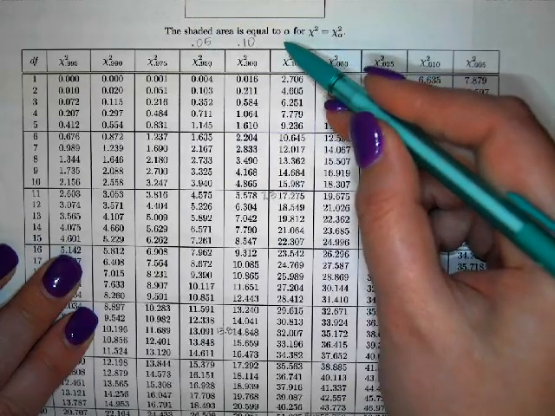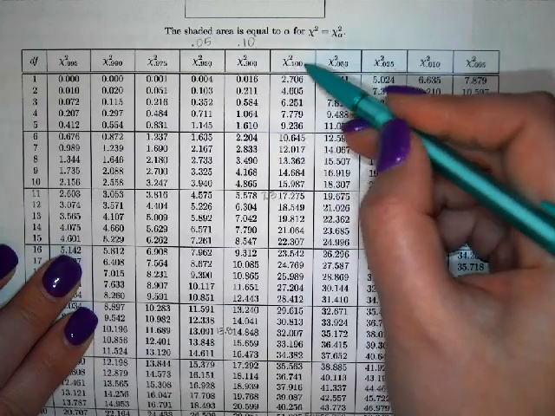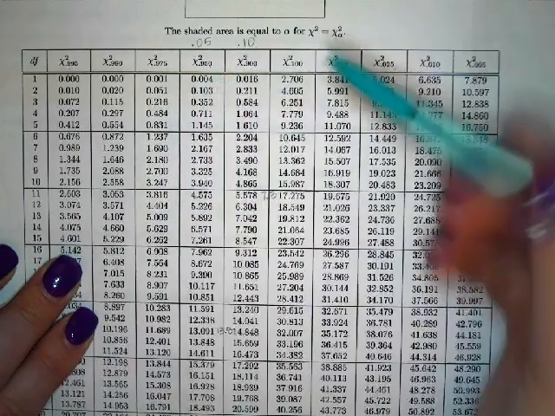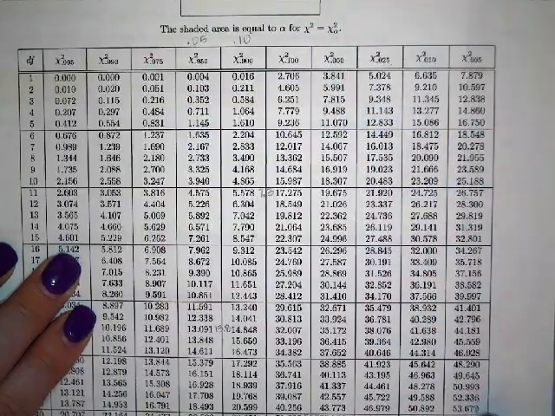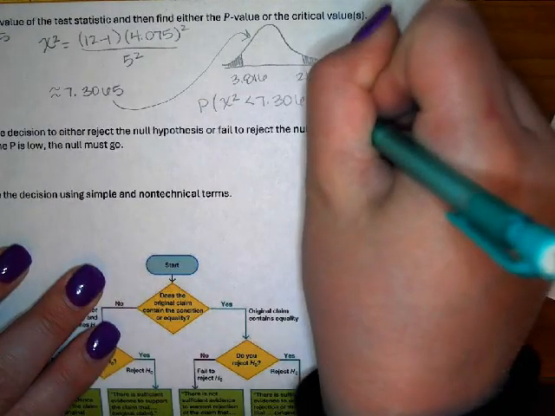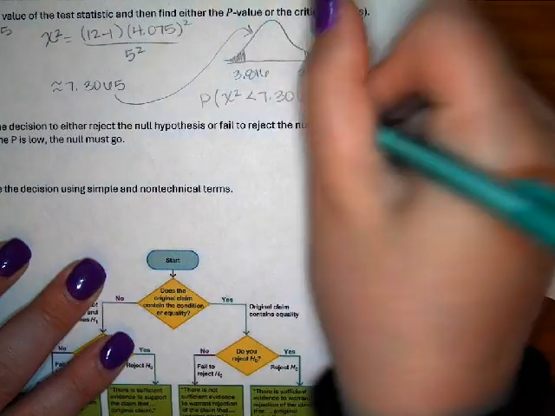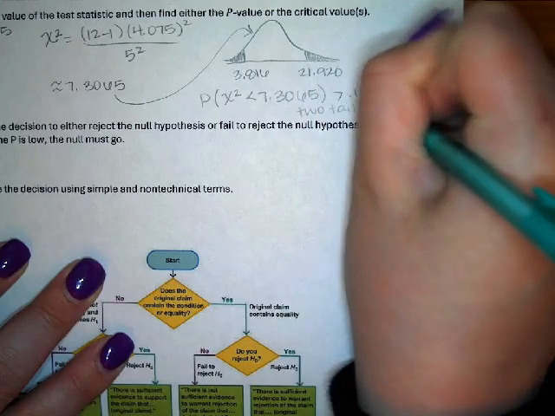And it could be over here on the left side, or it could be over here on the right side. We don't know. We just know that it's greater than 0.10. But again, this is a two-tail, so we're going to double it. So the p-value is greater than 0.20.